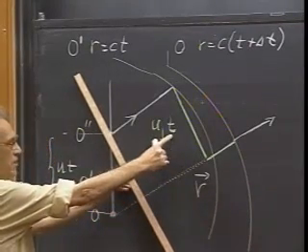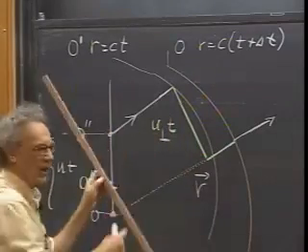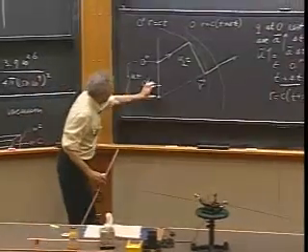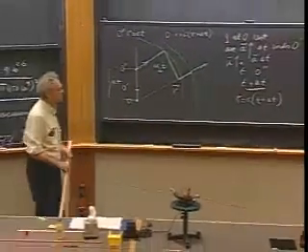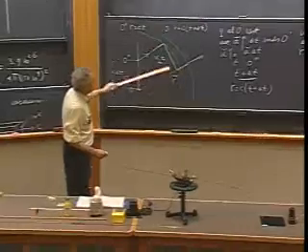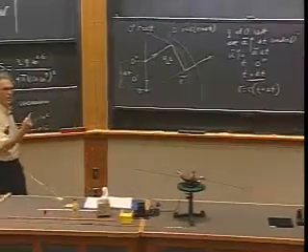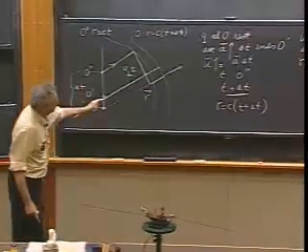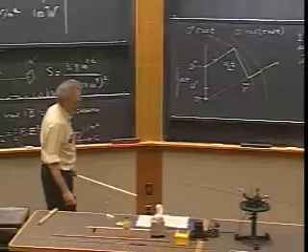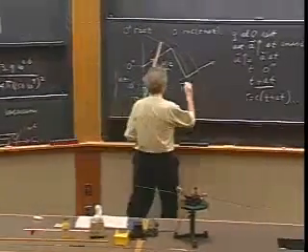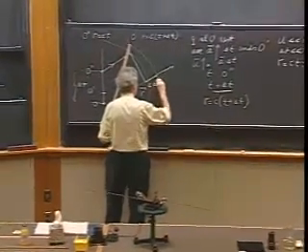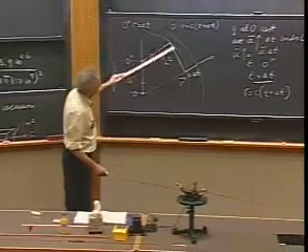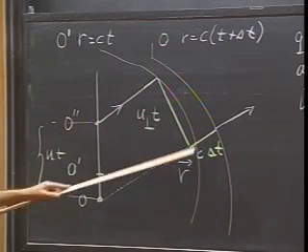It's cruised for t seconds, so this length is u perpendicular t, to a very good approximation, forgetting about this little, teeny-weeny distance. So u perpendicular is the component of the vector u perpendicular to my position vector r. And this little section here must, of course, have thickness c delta t. That is the difference in this radius and this radius, c delta t. So look at this green triangle.